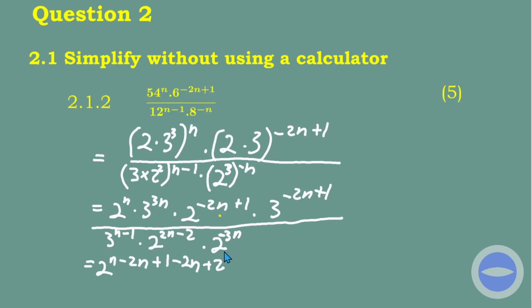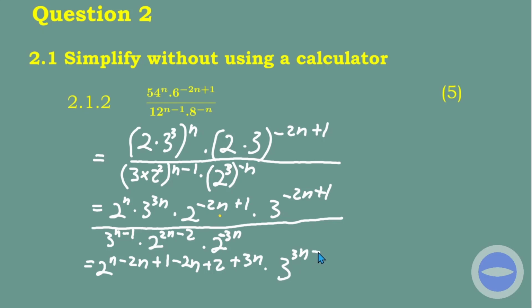And then I have another 2 here, this one will make plus 3n, and then another thing, I will take base 3. So for base 3, I have 3 exponent n here, 3 exponent 3n, and then I have another 3 here.